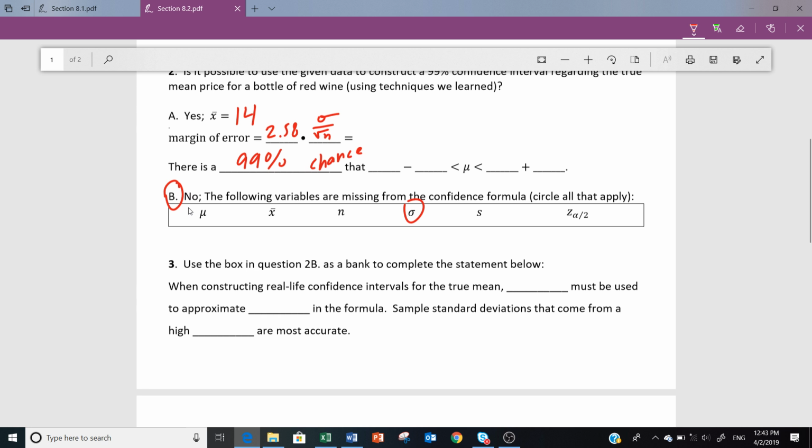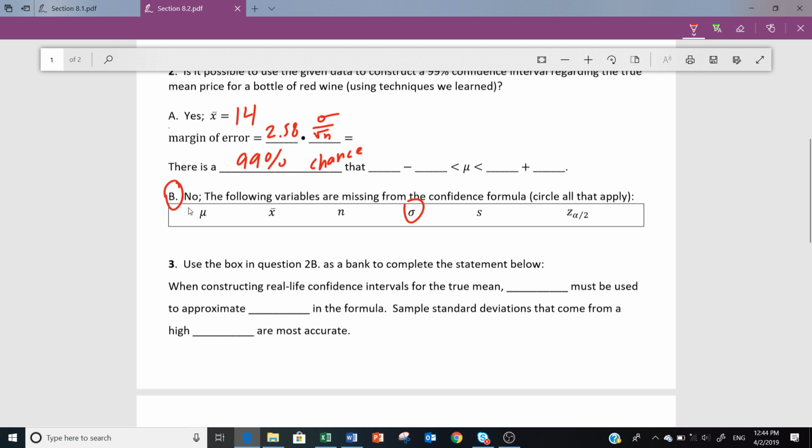This one here is the population standard deviation. Sample standard deviations that come from a high sample size are accurate. Could be something else. I think sigma has to use that. But can you even use that?